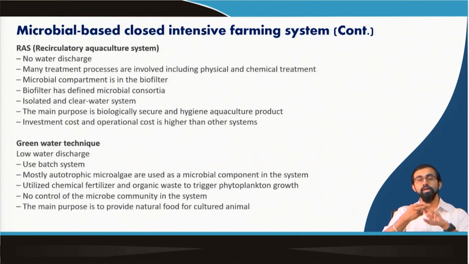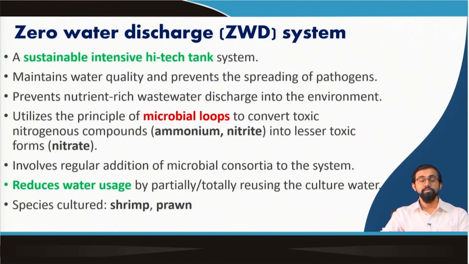They utilize the nitrogen and carbon source, which are a nuisance for the culture species. So they utilize it and grow as a biomass, and this biomass is utilized further by the culture species itself. In this way, we have a nice small scale artificial ecosystem built up in the tank itself.